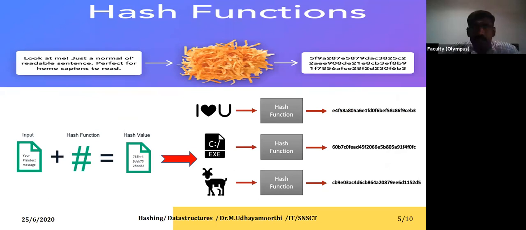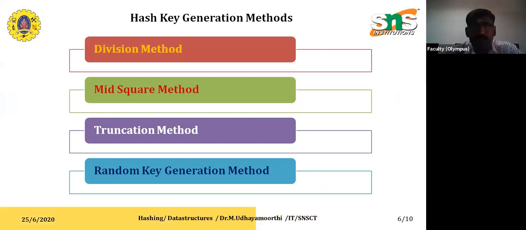Okay, for example, the given input is in different formats, and the output we are getting is in the form of different key values. Okay, so there are 4 techniques for generating the cache keys. One is called the division method, the next is the mid square method, the next is the truncation method, and the next is the random key generation method.